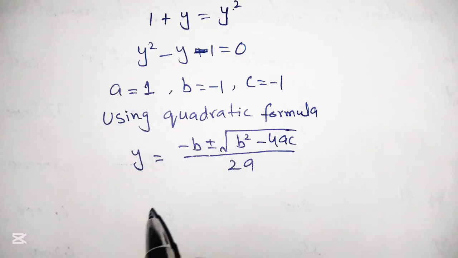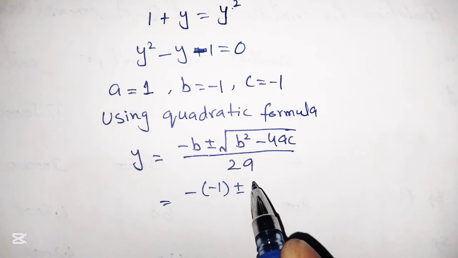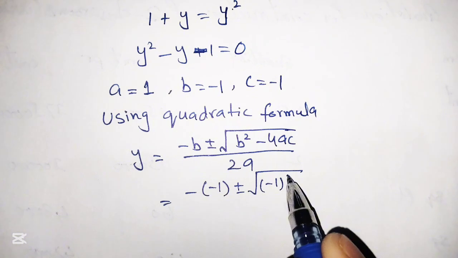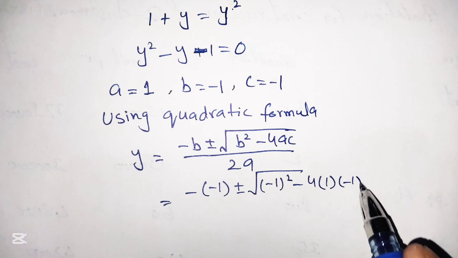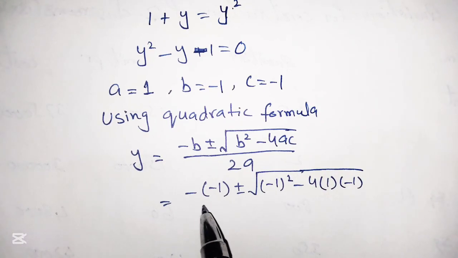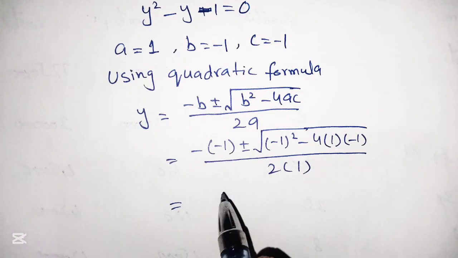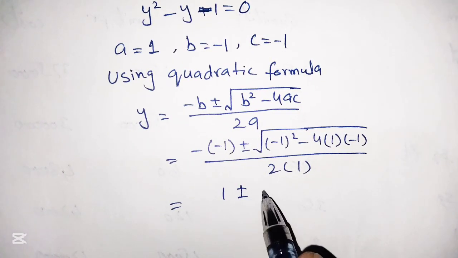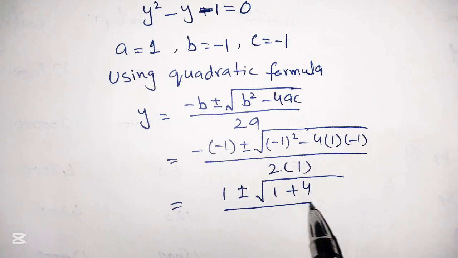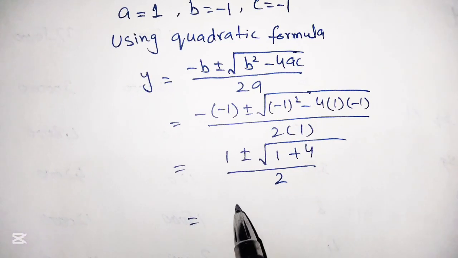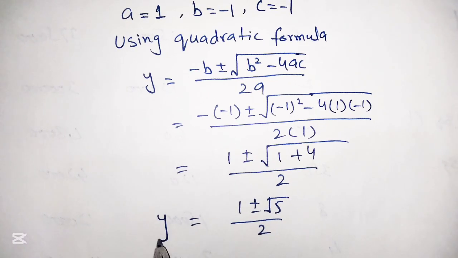Putting the values of a, b and c, we get minus b is 1, plus minus square root of minus 1 square minus 4 times 1 times minus 1, over 2 times 1. Simplifying this, we get 1 plus minus square root of 1 plus 4, over 2, that is 1 plus minus square root of 5 over 2. So this is the value of y.